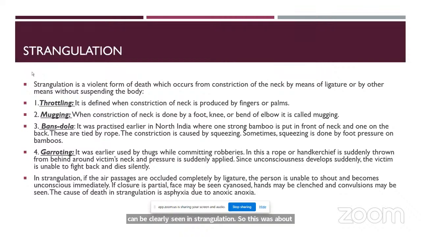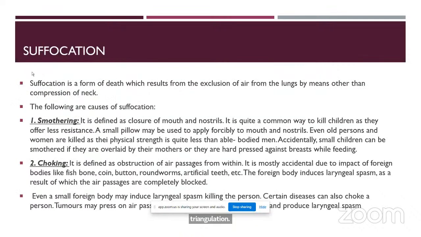So this was about strangulation. Now the next type is choking. Choking is defined as an obstruction of the air passage from within. Mostly choking can be accidental, due to the impact of foreign bodies, be it a coin, a button, or a fish bone.